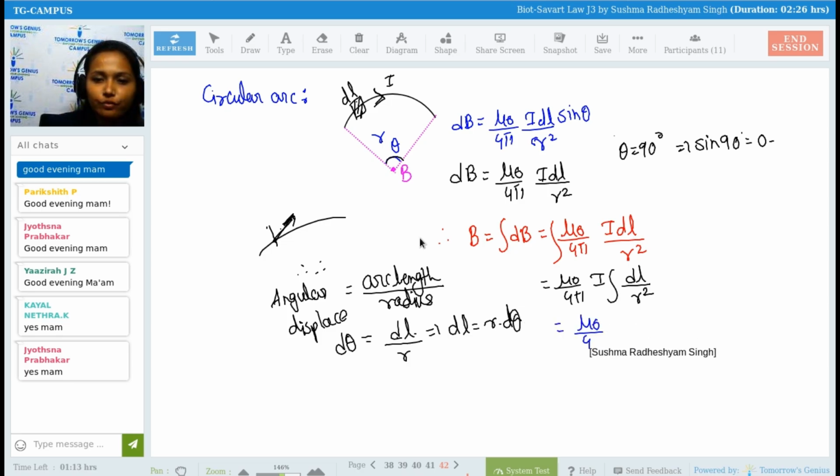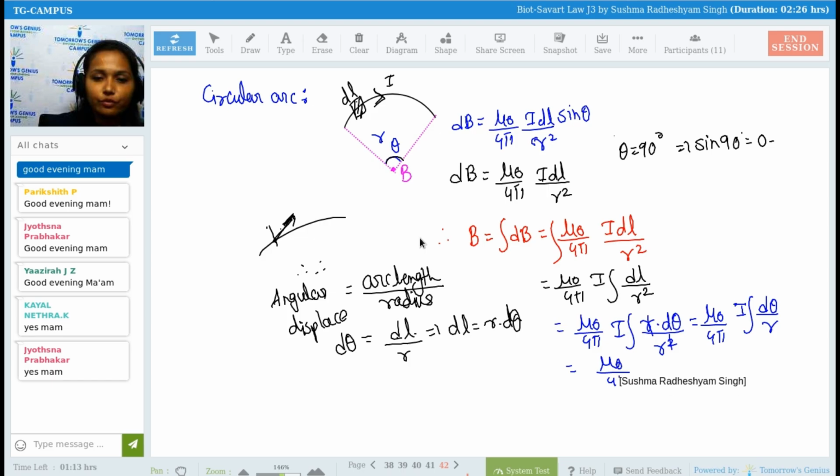We simply get mu naught over 4 pi, I integration of r times d theta over r square. Now this r square gets cancelled. We get mu naught over 4 pi, I times d theta over r. Clear this point? Now we know that theta is not related to r, so theta will be outside.